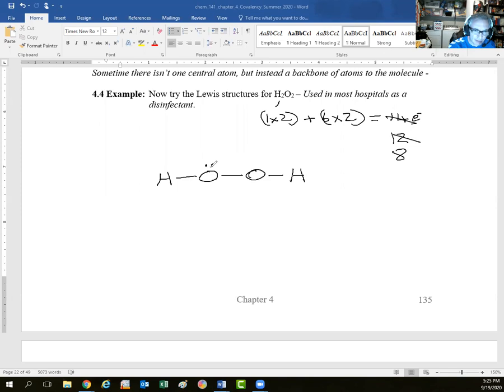So the lone pairs go on the oxygens, and with 2 lone pairs each, 4 electrons, together with the bonding pairs, 2, 4, 6, 8, that each oxygen sees 8. Both of the oxygens now have an octet. So we have the final Lewis structure.